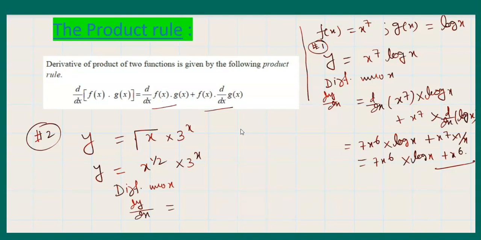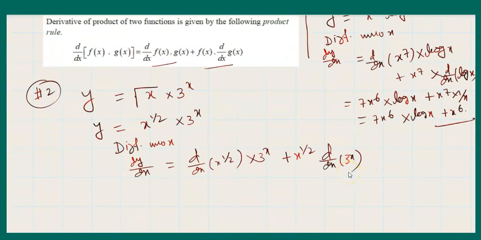The derivative, the way I have written the rule, I told you these two can be interchanged. It is derivative of first, this multiplied by 3 to the power x, plus x to the power half, d/dx of 3 to the power x. f(x), g(x) we have distinguished. Now we are going to use the formula: x to the power n, derivative is n x to the power n minus 1. So half minus 1, 3 to the power x.